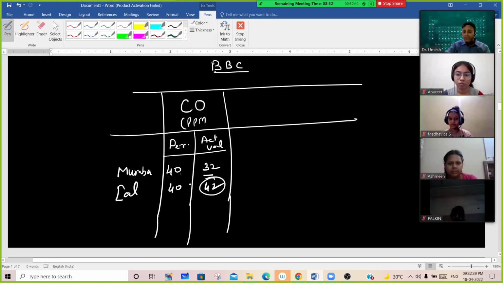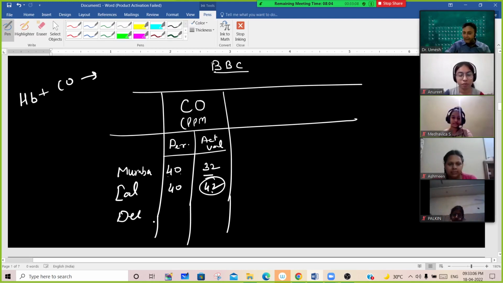Reason very simple. Carbon monoxide is very high, so their hemoglobin combines with the carbon monoxide instead of oxygen. In the p-block in grade 11, you have studied that carbon monoxide has more affinity than oxygen, and that is why the tissue will be lacking oxygen. If oxygen is less, the body will be weak.